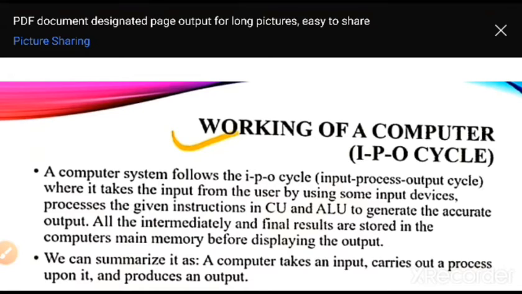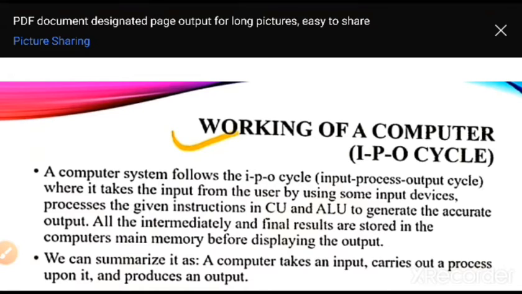All the intermediate and final results are stored in the computer's main memory before displaying the output. We can summarize: a computer takes an input, carries out a process upon it, and produces an output.